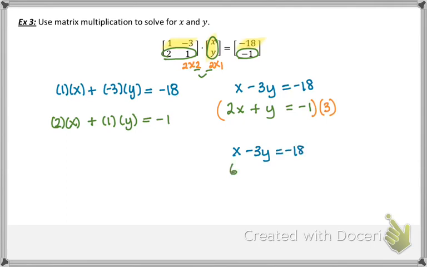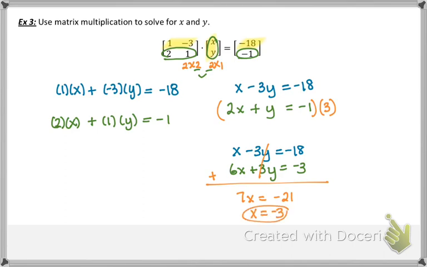Second equation becomes 6x plus 3y equals negative 3. And we're going to go ahead and add. My opposites cancel out. I have 7x equals negative 21, and so x equals negative 3.